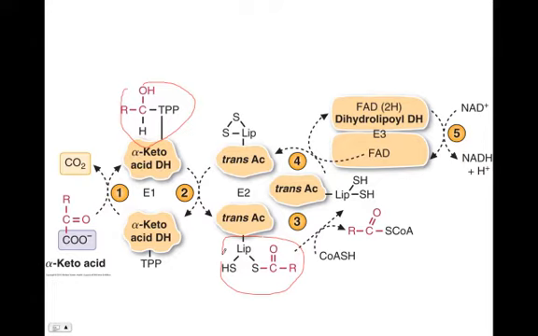At this point, the acetyl group attaches to the thioester in lipoic acid, and at the same time, thiamine pyrophosphate is regenerated. This enzyme complex is referred to as dihydrolipoyl transacetylase.